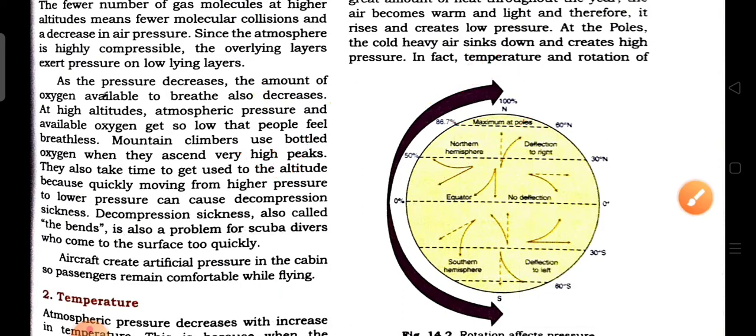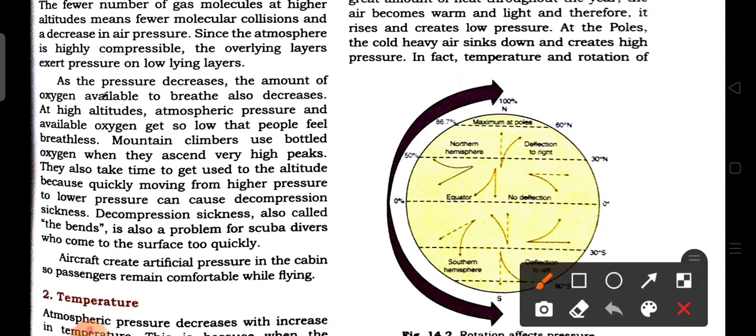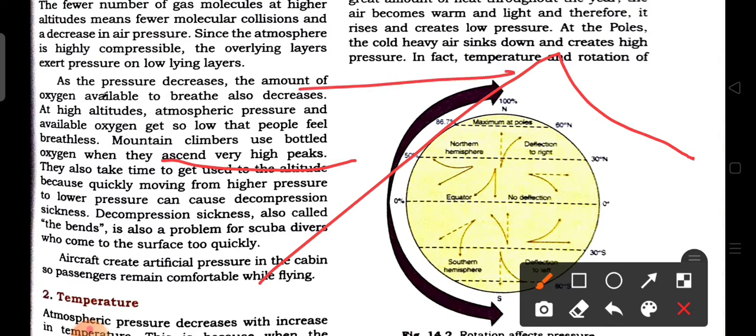Mountain climbers use bottled oxygen when they ascend very high peaks. Because there is less oxygen, not absent but less, in the high altitudes, the mountaineers carry an oxygen cylinder to get to the higher altitudes.